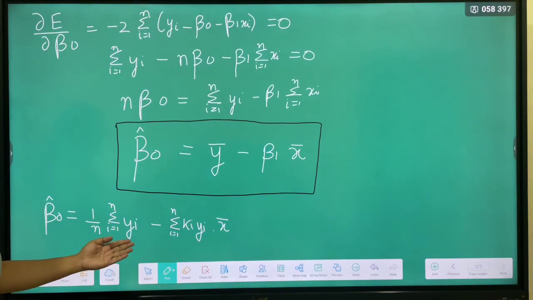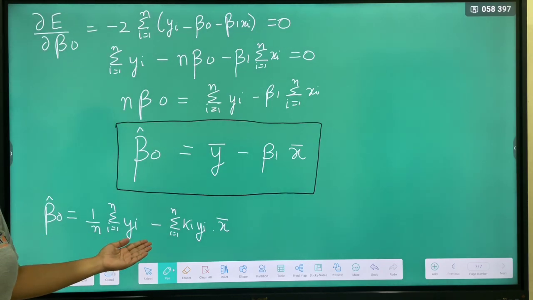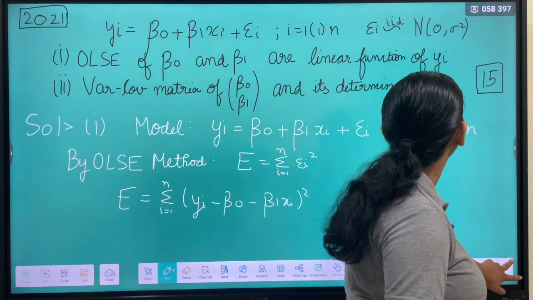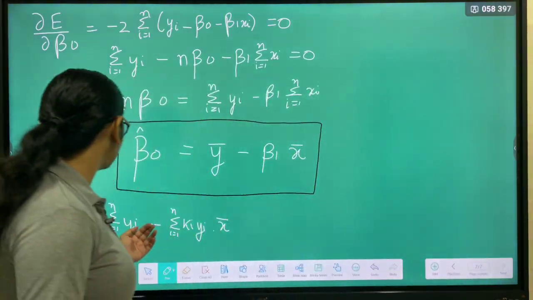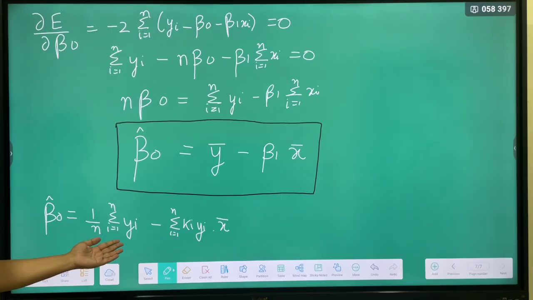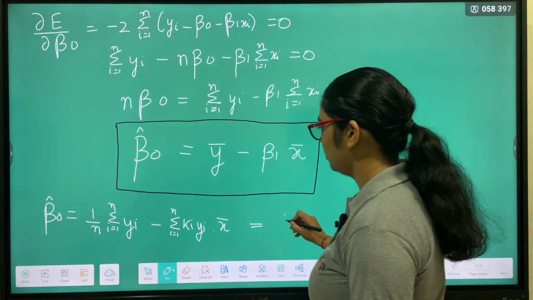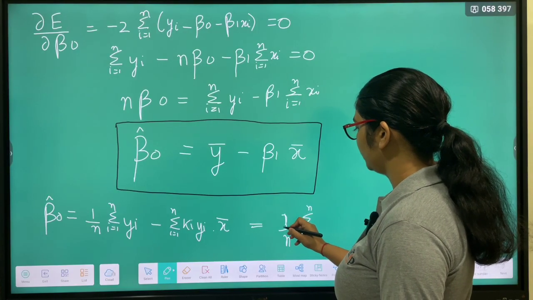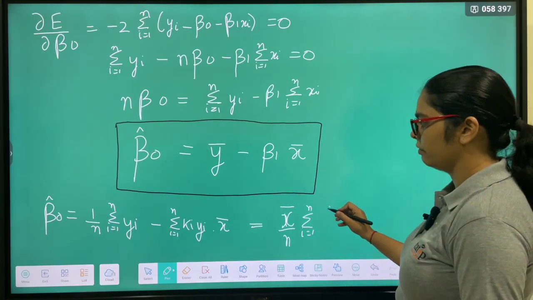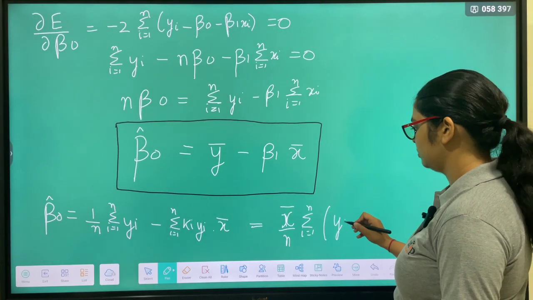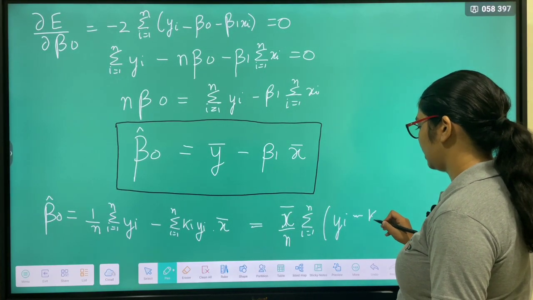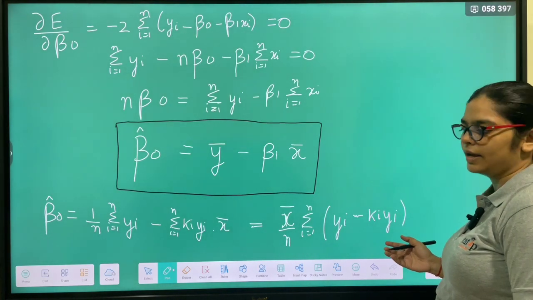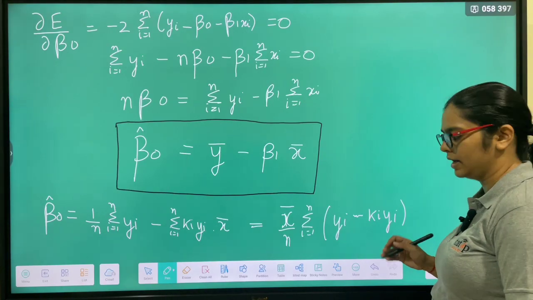So we can clearly see that beta naught is a function of yi. Taking the common terms out, 1 upon n summation i goes from 1 to n, here we can write x bar, we are left with yi minus ki yi, which is nothing but a function of yi.